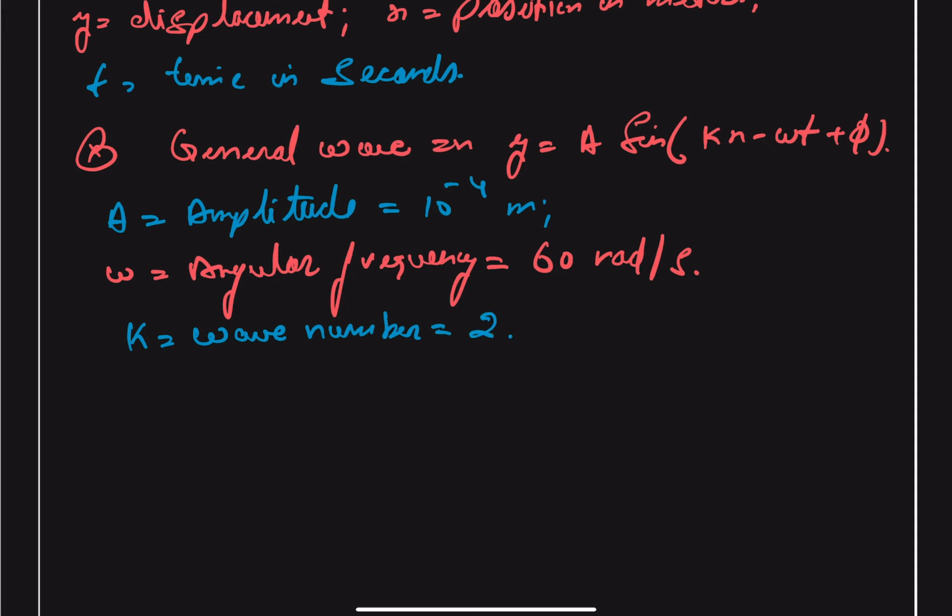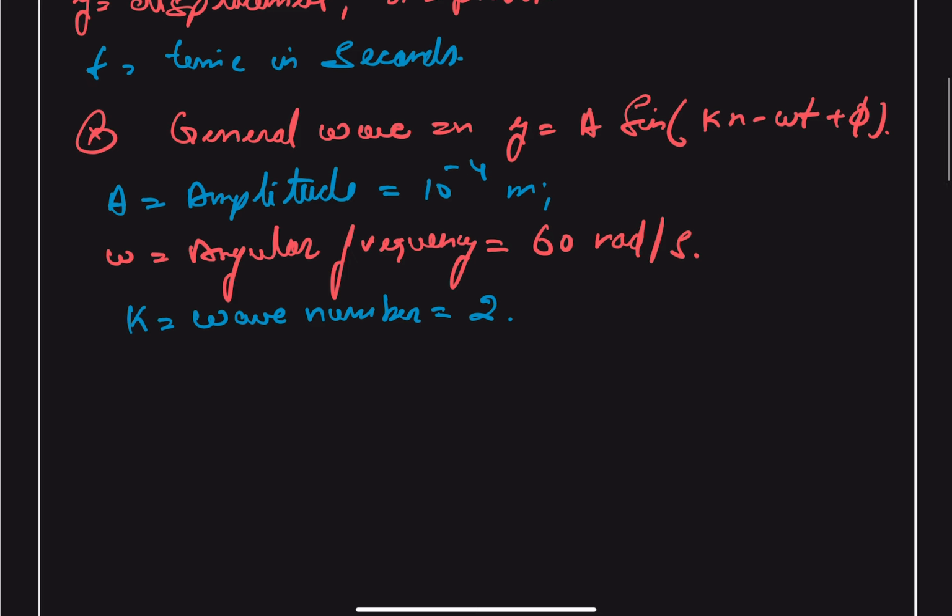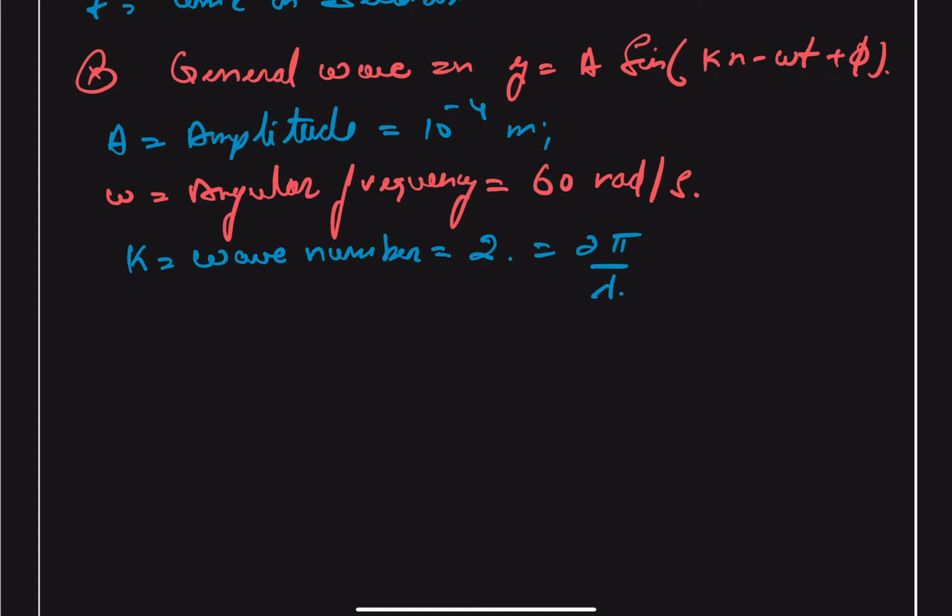The wave number is also given as 2 pi by lambda. So from here we can find our wavelength, lambda, which is the wavelength, and that comes out equal to pi meters.